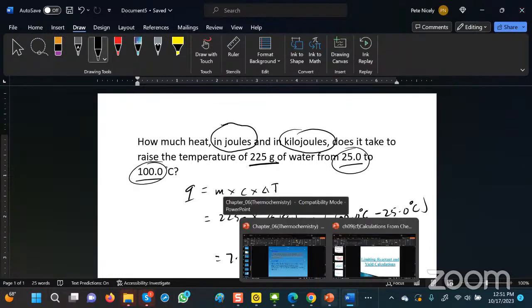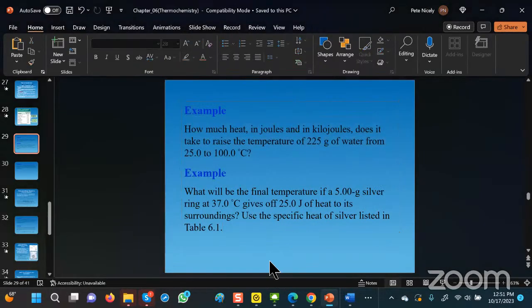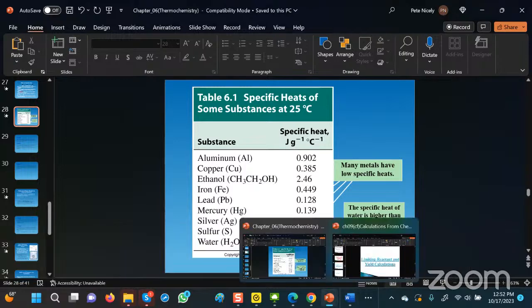So let me go back to the PowerPoint here. The next question says, what will be the final temperature if a 5.00 gram silver ring at 37 degrees gives off 25.0 joules of heat to its surroundings? And it says use the specific heat of silver listed in table 6.1. So that means you have to use the specific heat provided here for silver, which is 0.235 joules per gram degree Celsius.